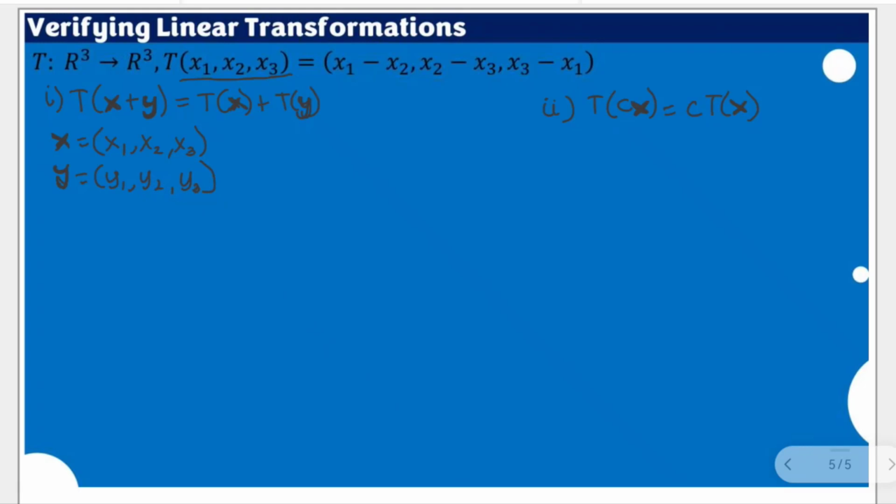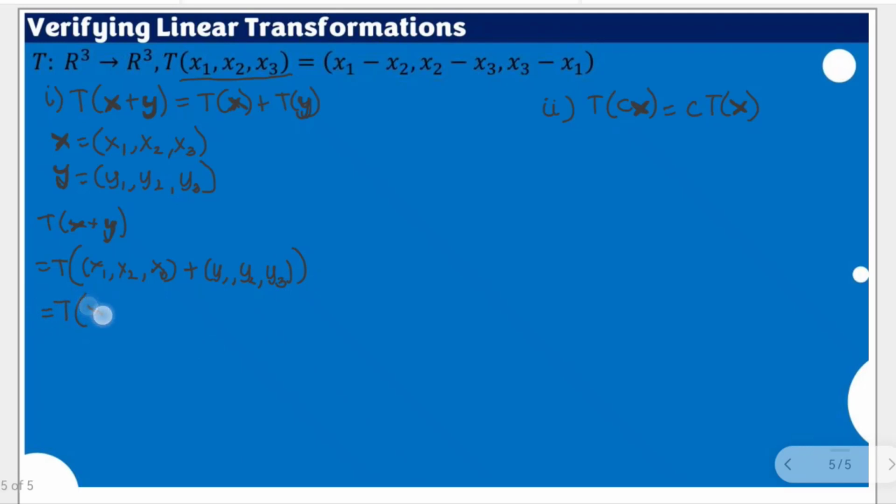So now let's show whether the transformation of the sum is equal to the sum of the transformations. But first, let's substitute the components of vectors x and y. So you have x sub 1, x sub 2, x sub 3, plus y sub 1, y sub 2, y sub 3. And let's add them up.